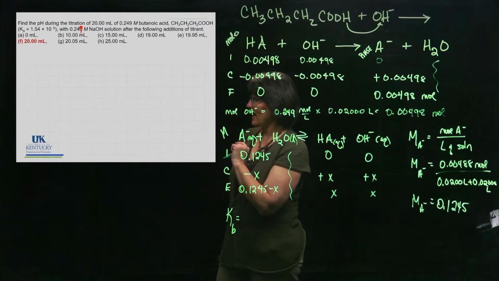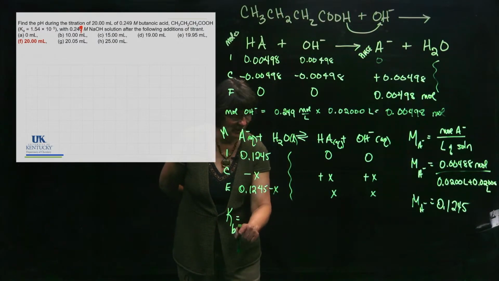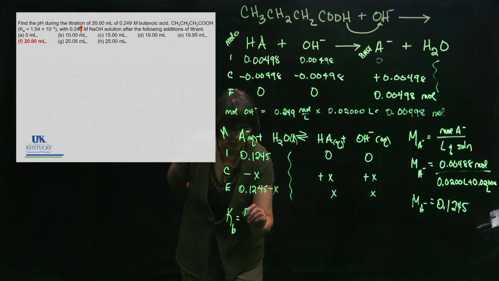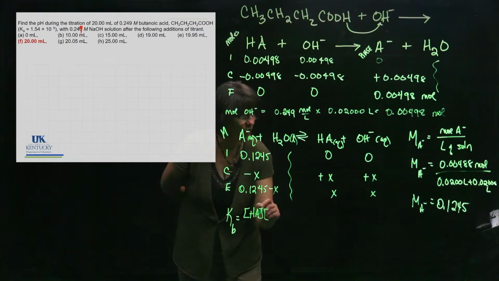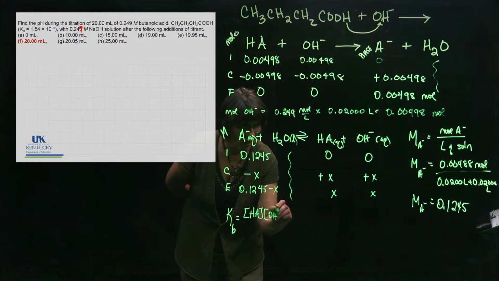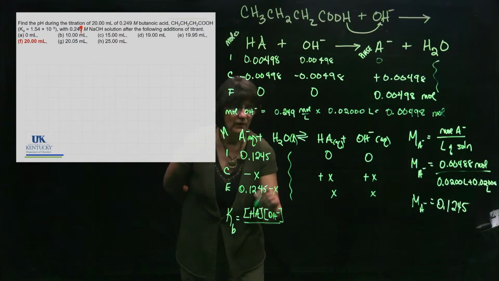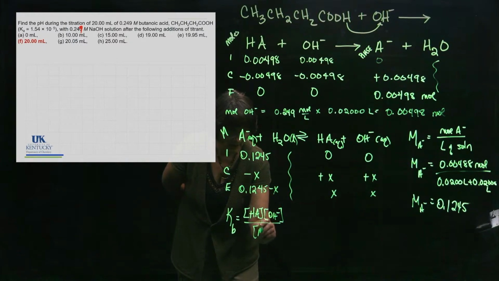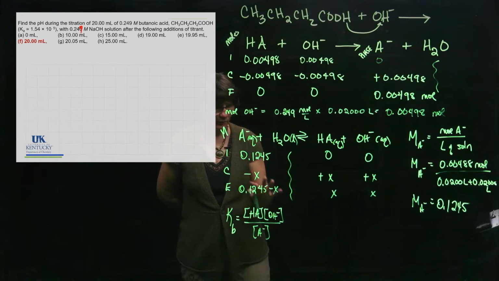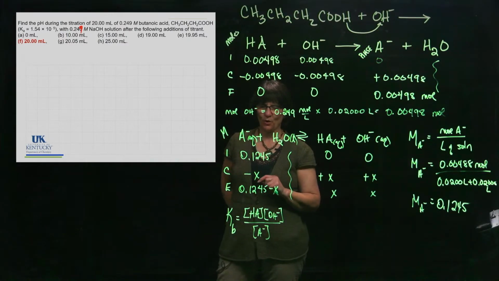The problem, they gave me the Ka of the conjugate acid. We'll worry about that in just a moment. Now we'll go ahead and write the expression. HA, this is the law of mass action, or what I call the equilibrium constant expression, over A minus. So that's everything. Now, if I could plug it in, I might be able to finish this problem.